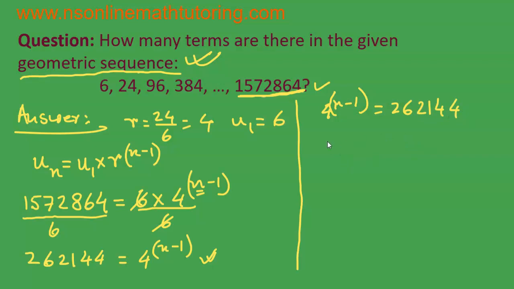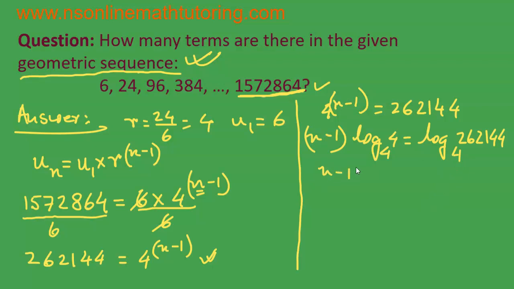And now let us take the logarithm to the base 4. So it is n minus 1 times log 4 to the base 4, which should be equal to 1 obviously. And the right hand side is log of 262144 to the base 4. Okay. So this is equal to n minus 1 times 1 equal to, what is the value of the right hand side?